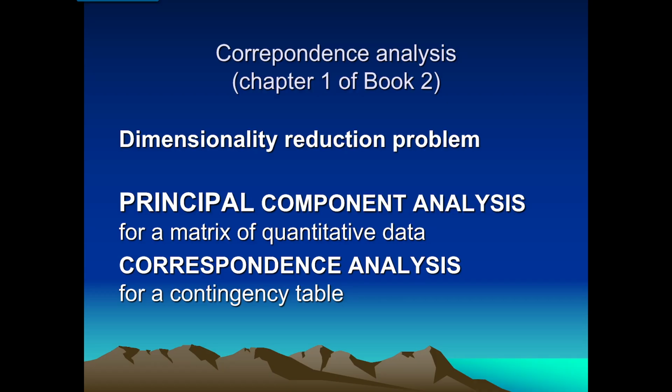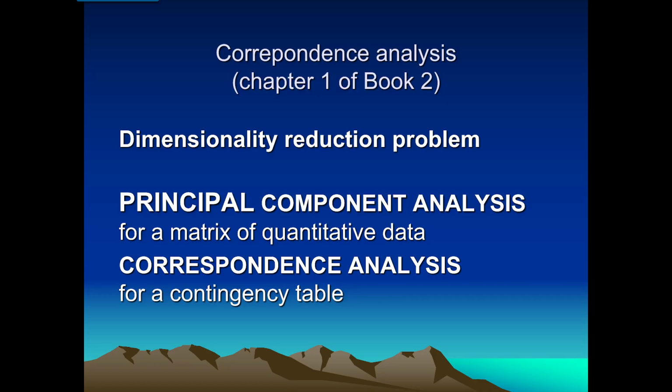So you want to reduce the dimension in a contingency table. But the framework is the same and the purpose is the same. Instead of quantitative data, now you have categorical data, both in the rows and in the columns.